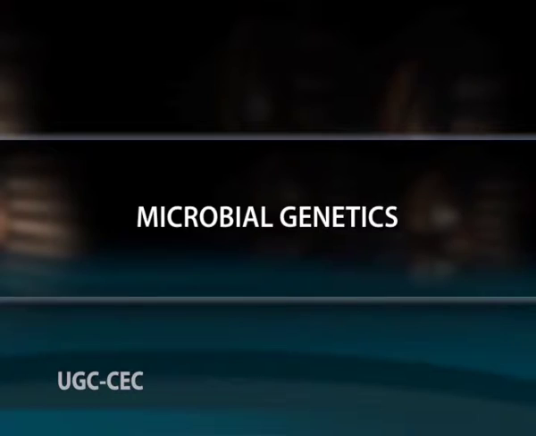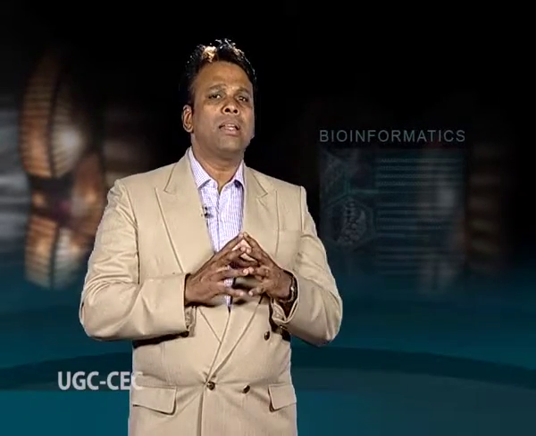First, let us see about microbial genetics. The progress in modern genetics is mainly by the experiments done in microorganisms like bacteria and virus. In these organisms, the DNA is not enclosed inside a membrane bound nucleus, but instead resides inside the cytoplasm.